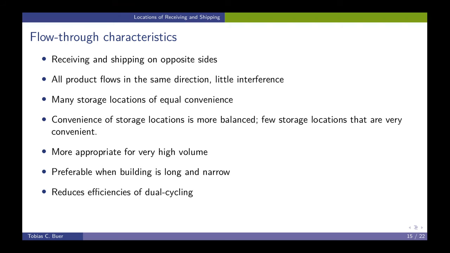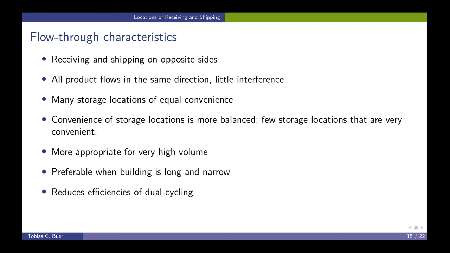Everything flows in the same direction, so there's little chance for trouble. And what is also good, we have many storage locations that are somewhat equally convenient. So we have a better balance of convenient storage locations.